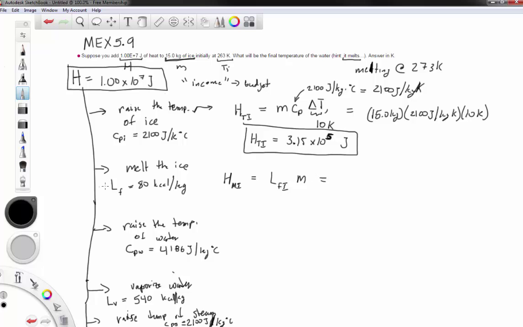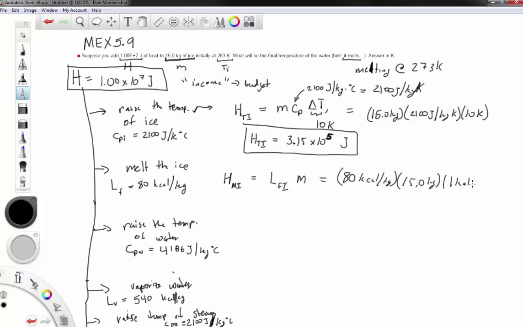So that is 80 kilocalories per kilogram. We're going to probably need to make some unit conversion here. So we can do something like this: 80 kilocalories per kilogram, and that has to be times the 15.0 kilograms, and then we need to do a unit conversion.